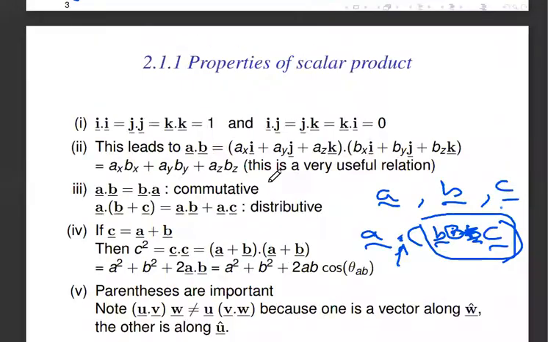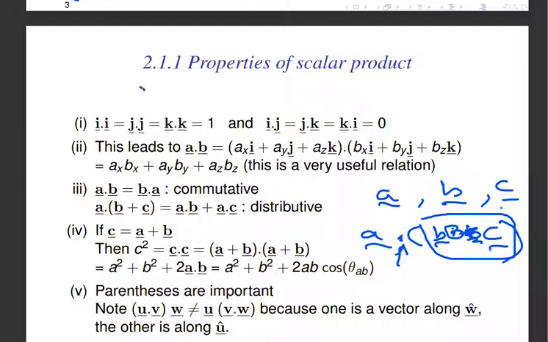So adding two vectors gives you another vector. Then you take the dot product of the resultant with A. This one is defined, but this one is not defined.